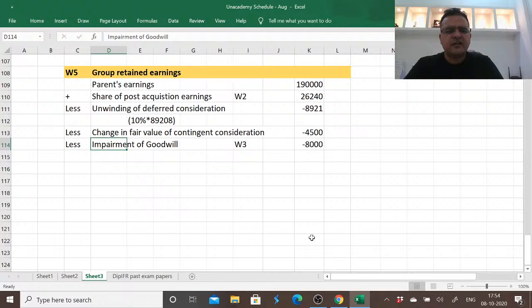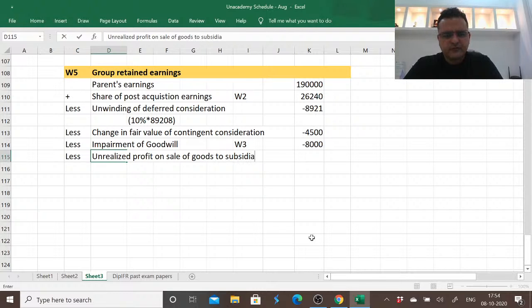Apart from this, if there is any unrealized profit on sale of goods to subsidiary, it will be included here. Suppose goods worth 10,000 were sold for 15,000.